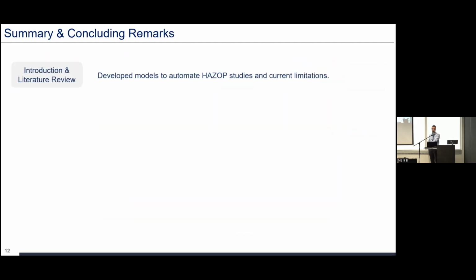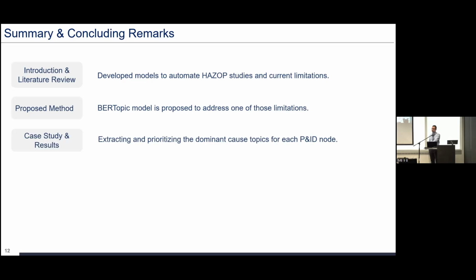So to conclude, we went through the introduction and literature review to introduce current models, the importance of this method, and current limitations. We proposed a BERTopic model to address one of those main limitations, and then applied the BERTopic model on a case study to identify the most dominant risk factors for each P and ID node.